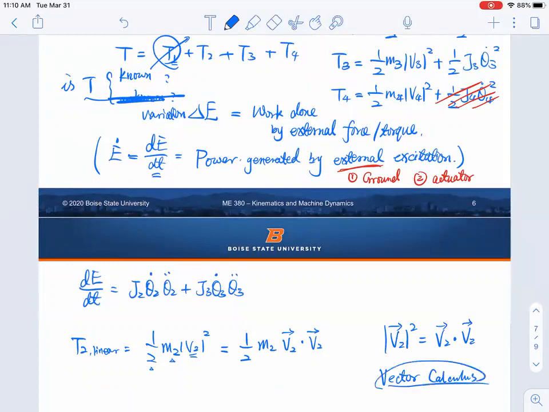I'm not sure if you already learned this in your calculus class, but by definition, dT2 linear dt is going to equal half m2 v2 vector dot product A2 vector. Here, your A2 is your linear acceleration. Oh, sorry, I forgot one thing. The coefficient should be gone.